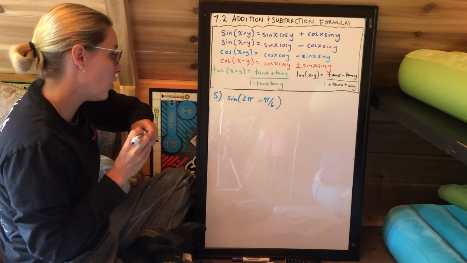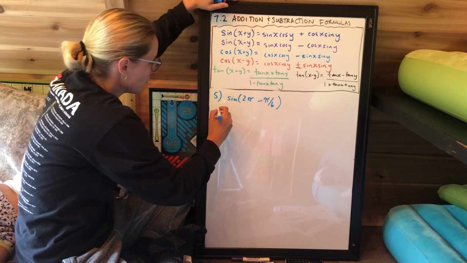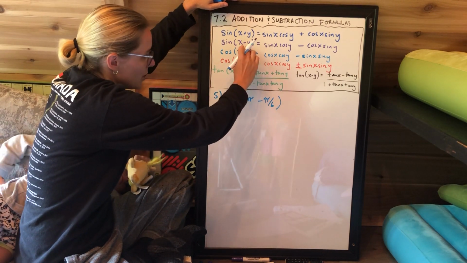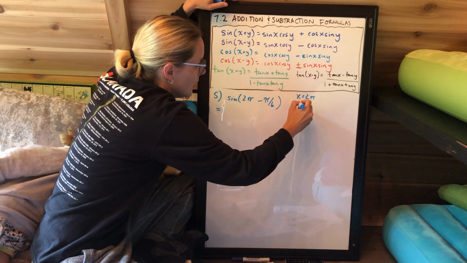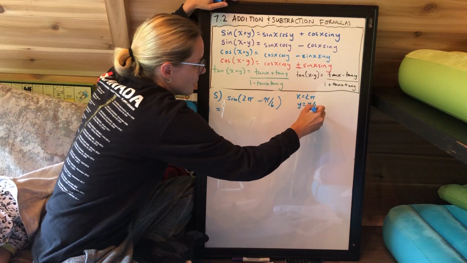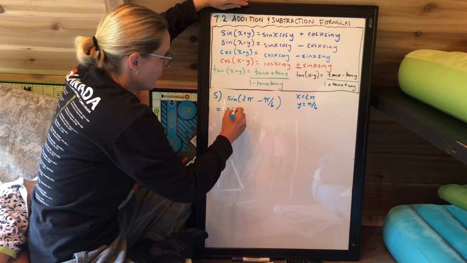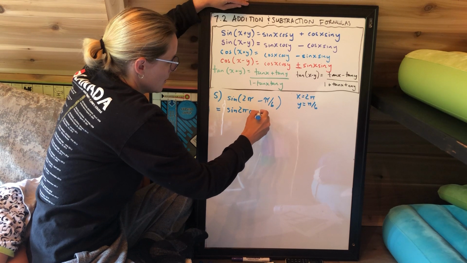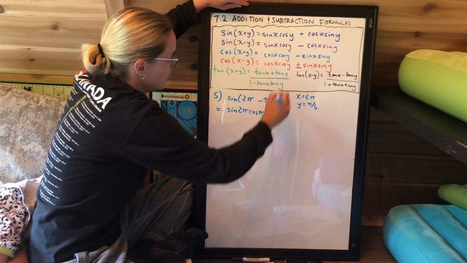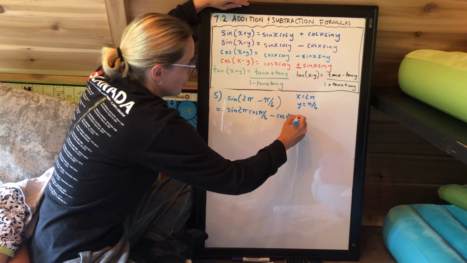So basically here, all we're doing is just applying the formula. So we look, and it's again the purple one. Moving from left to right, so it shouldn't be that difficult. In this case, our x is 2 pi, our y is pi by 6, if you want to write that so that you know. So then when you apply the formula, you have sine of 2 pi, cosine of pi by 6, minus cosine of 2 pi, and sine of pi by 6.